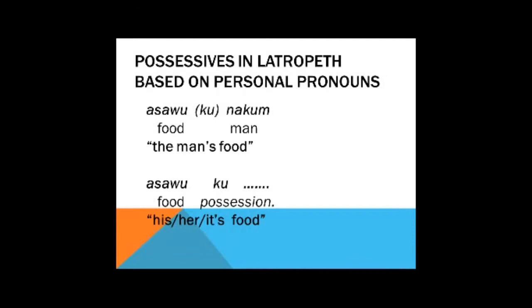The options you have are, you can explicitly spell out the whole phrase without a pronoun. Asawu kunakum, the man's food. You can completely omit the word for man, which represents the possessor, and not put anything in its place but leave the preposition in there. Asawu ku. And then you're implying a third person possessor.